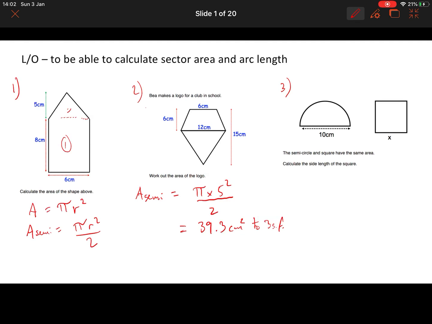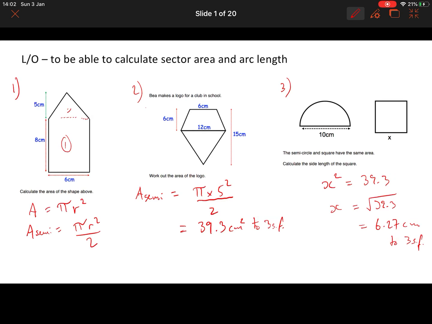So now we need to say, what's the side length of this square? Well, since they have the same area, it must mean that x squared is equal to 39.3 to 3 significant figures. So x is the square root of 39.3. So let's just root my answer on the calculator. To 3 significant figures, I'm going to get 6.27 centimetres.